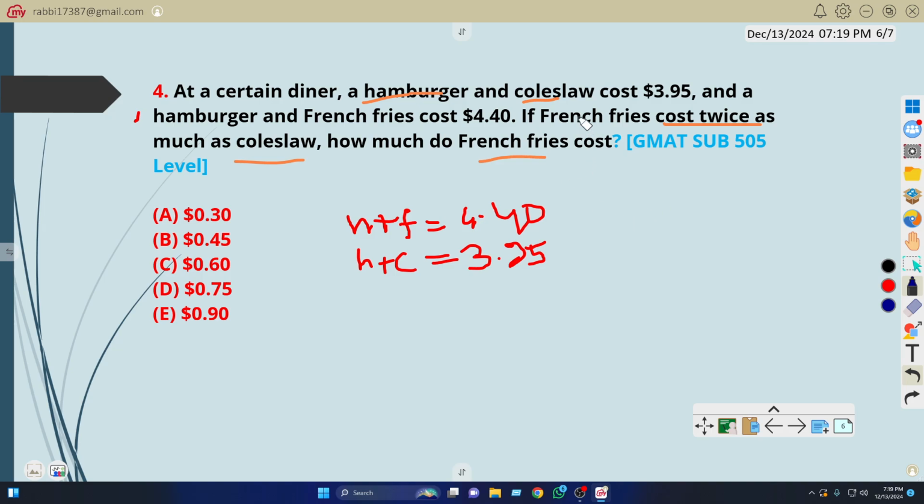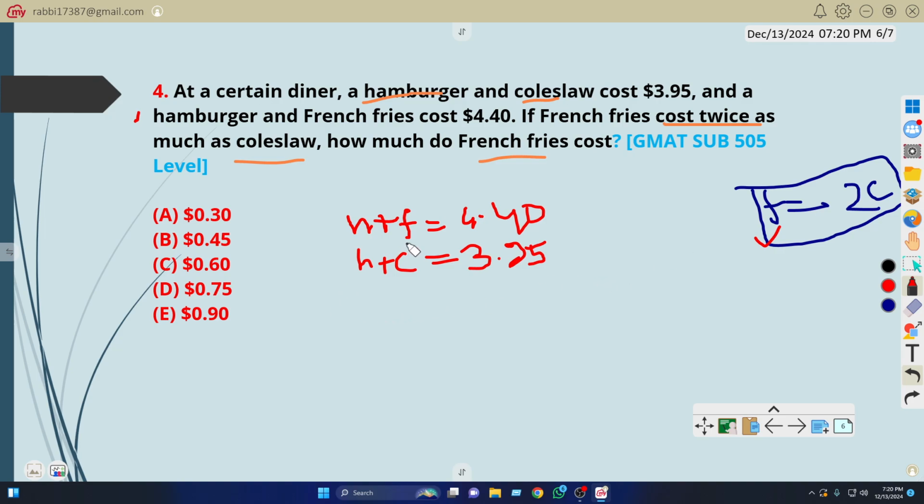Now the next condition is that french fry costs twice as much as coleslaw. This is the more effective condition. The french fry cost is twice as much as coleslaw, অর্থাৎ কসলোর যে প্রাইসটা হবে তার দ্বিগুণ হবে ফ্রেঞ্চ ফ্রাইয়ের কস্ট। কসলোর প্রাইস যদি ধরুন 40 টাকা হয়, ফ্রেঞ্চ ফ্রাইয়ের হবে 80 টাকা.